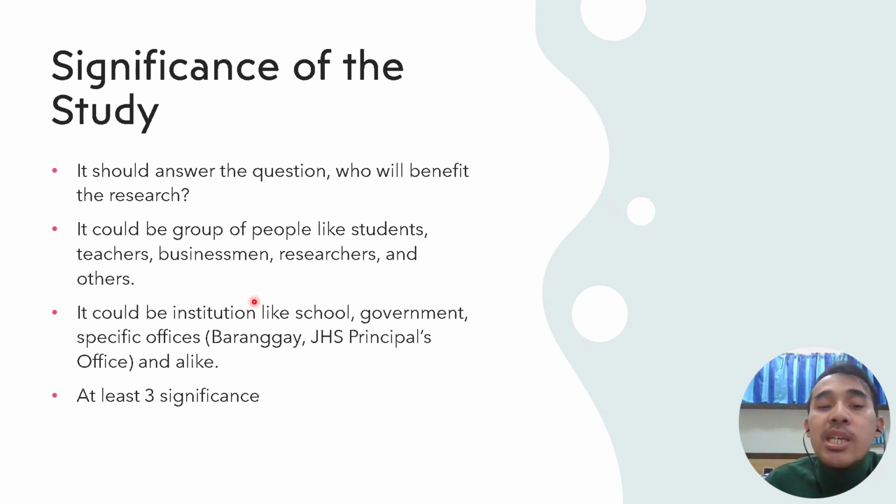An example could be students, teachers, businessmen, researchers, and other groups of people, or an institution, for example, the barangay where you want to create the study, the principal's office, the IT office, and other offices or institutions that you want to give the benefits of the data that you collected and the conclusions or research you made. I hope you could have at least three significances so that it would be more on who will benefit from this research project that you are doing.